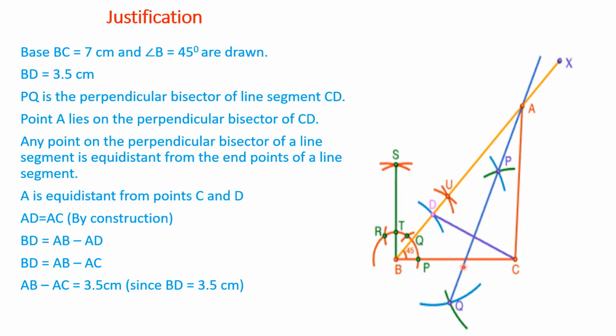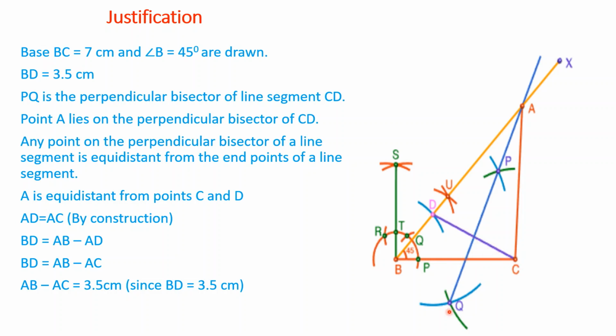Also, any point on this line, anywhere you take, is equidistant from the two endpoints of the line segment CD which it bisects.